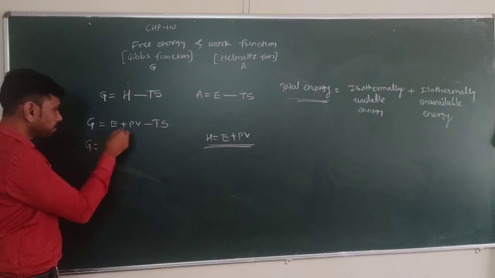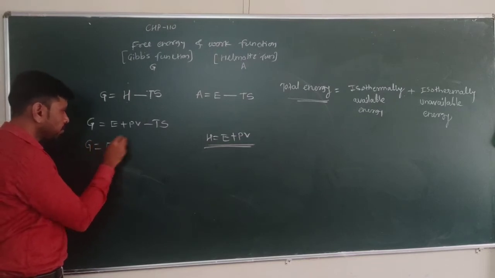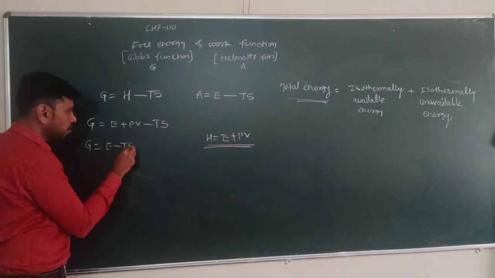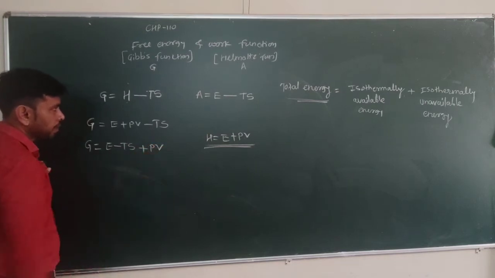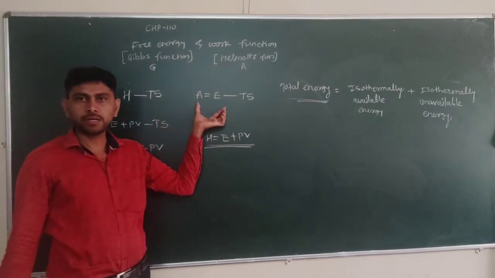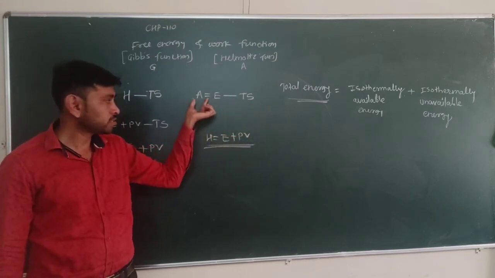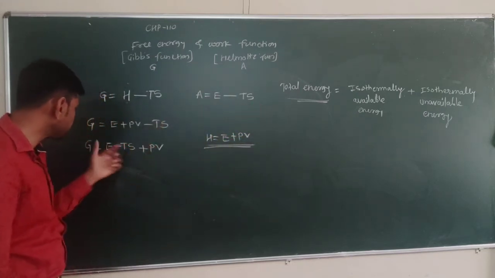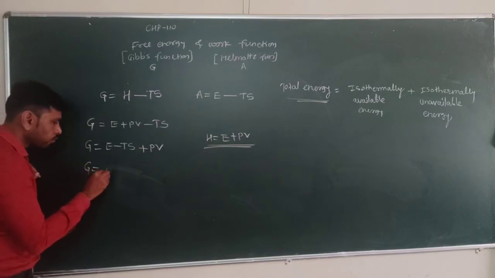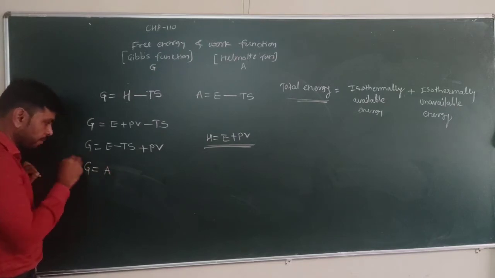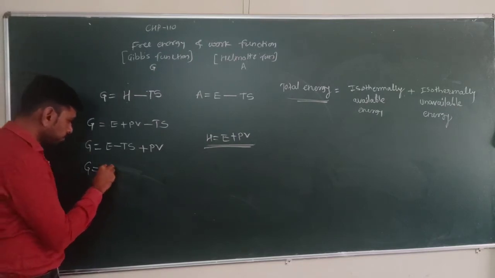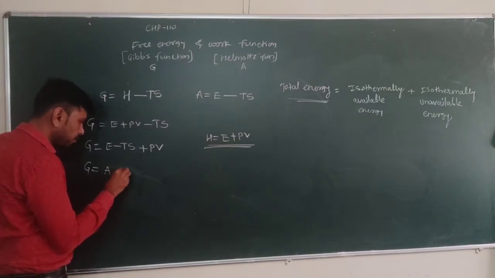If we rearrange this equation, E minus TS plus PV, and if we look at the definition of the work function, A is equal to E minus TS. So we can replace this term here, and in terms of work function, we can write this Gibbs function as A plus PV.